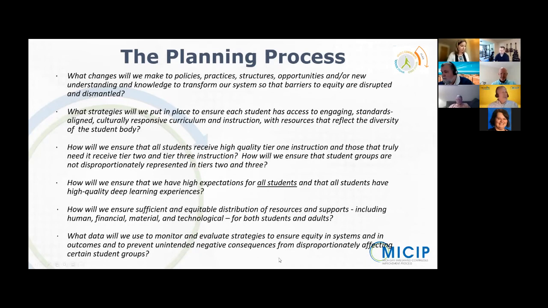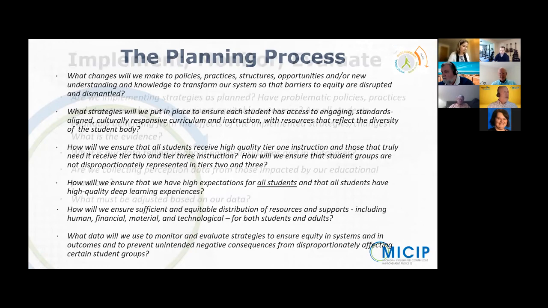So again, many other questions could be asked in terms of the grain size and the details, but these are some of those higher level considerations as part of the planning process.